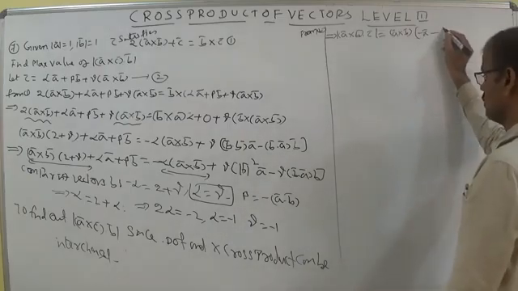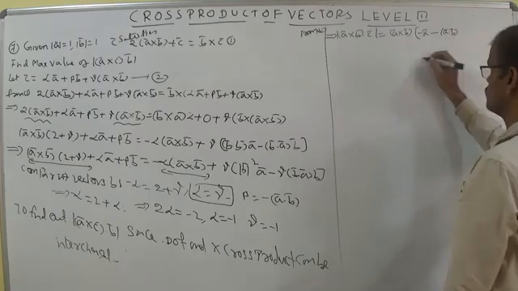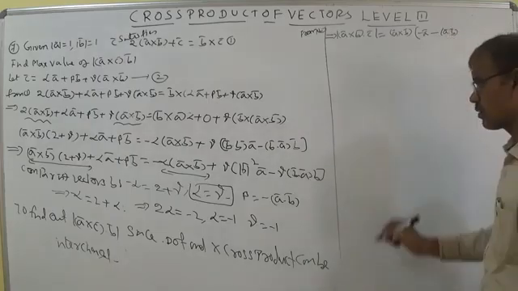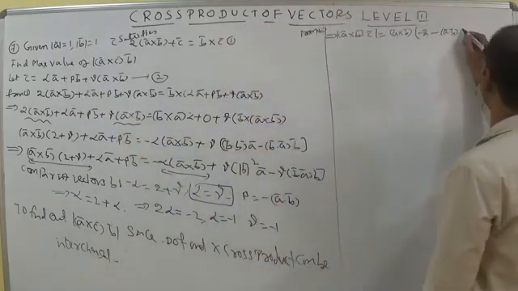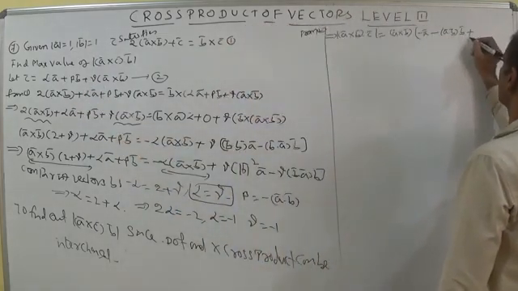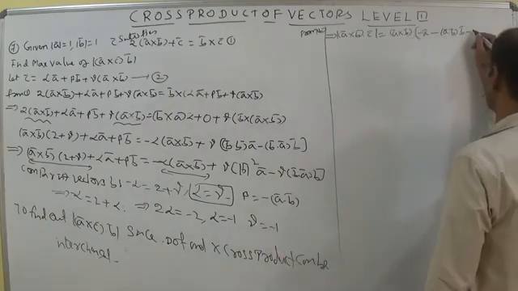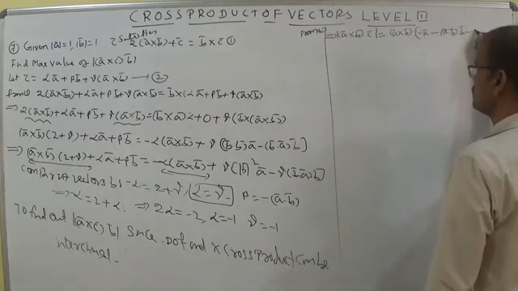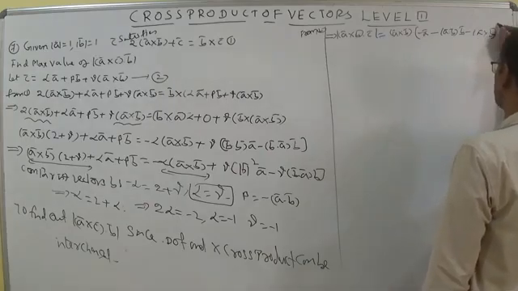Beta value minus of A bar dot B bar into B bar. Beta B bar into B bar plus gamma. Gamma value minus 1. Minus into A cross B is there.